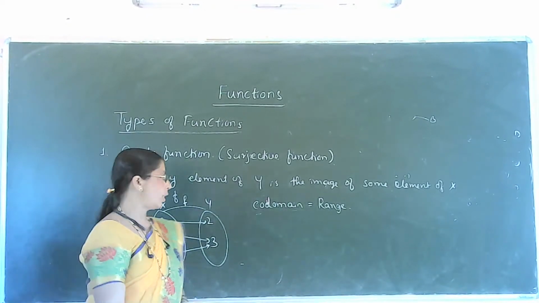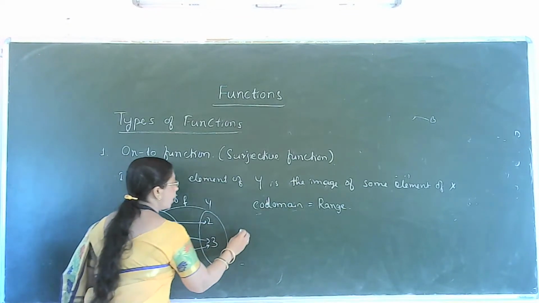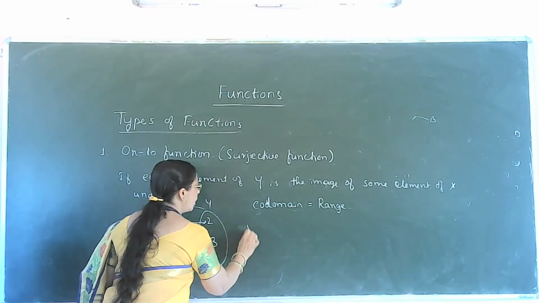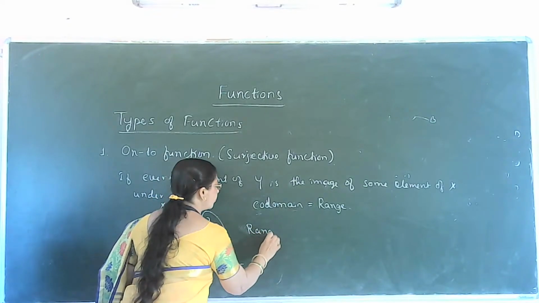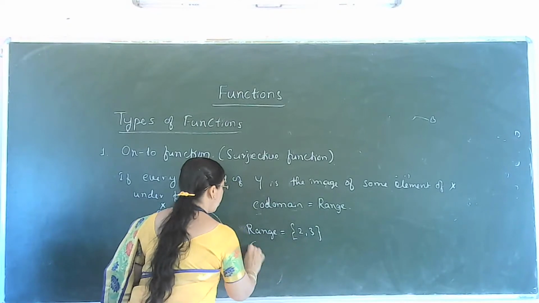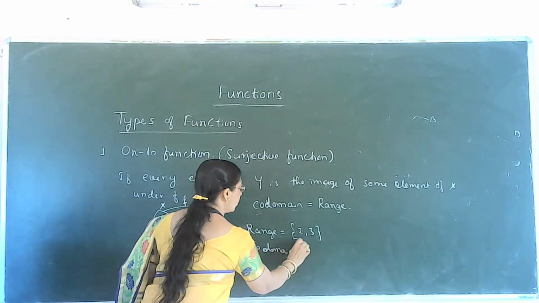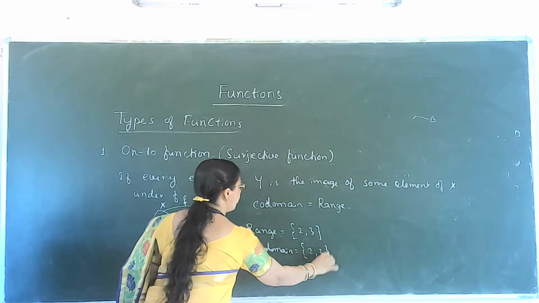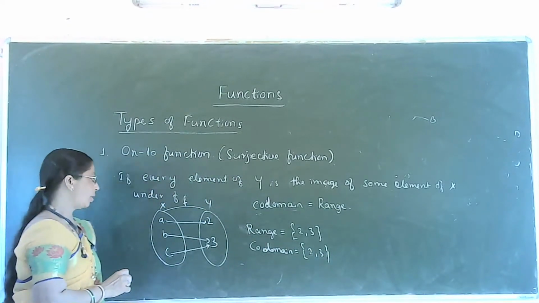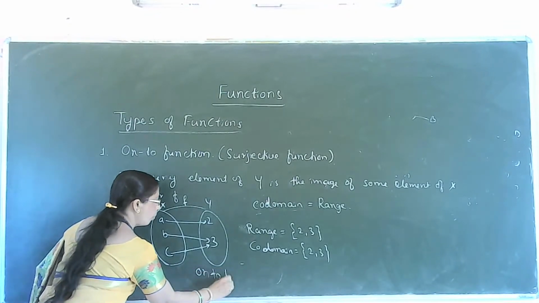Therefore, the range is 2, 3 and the codomain is 2, 3, so it's an onto function.